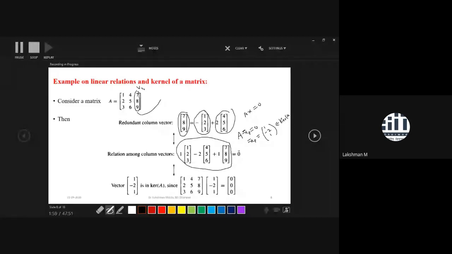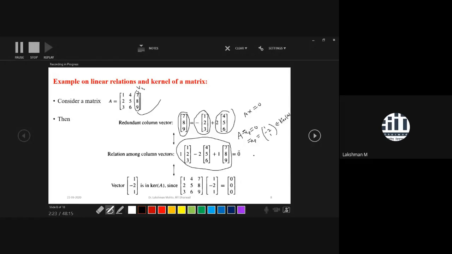And there is a relation I will talk about later. If a subspace happens to contain at least one non-zero element, then it contains all scalar multiples of that non-zero element, because the kernel is a subspace. So this kernel of A, easily you can get it.